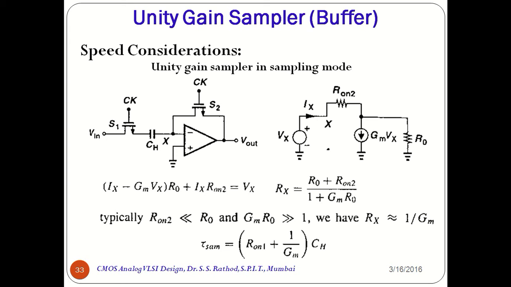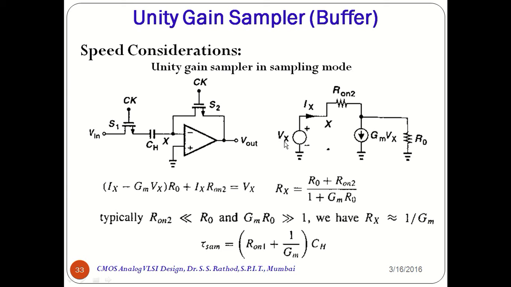Here this is the node X at which input is applied to the op amp, and there is a GmVx. There is an Ron, the resistance of the switch, and we are interested in the impedance at node X. So we connect Vx and we allow current Ix to flow through it, and R0 is the output resistance of the amplifier.